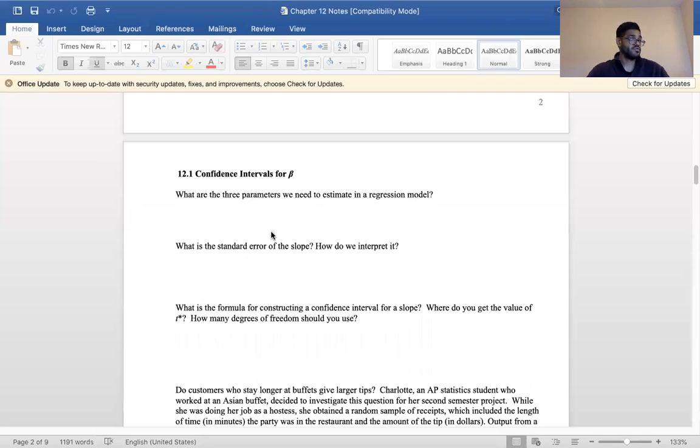Okay. So moving on. What are the 3 parameters we need to estimate in a regression model? What we want to know is sigma. We will use S to approximate it.